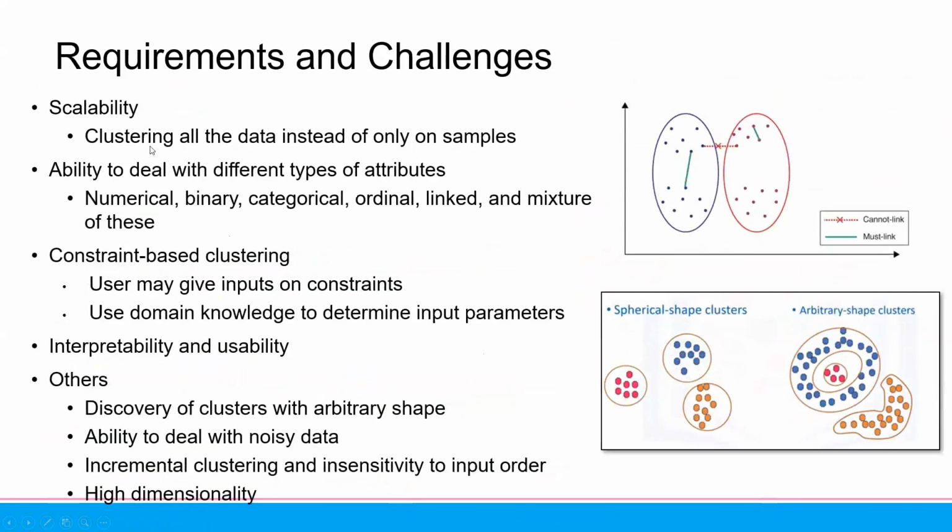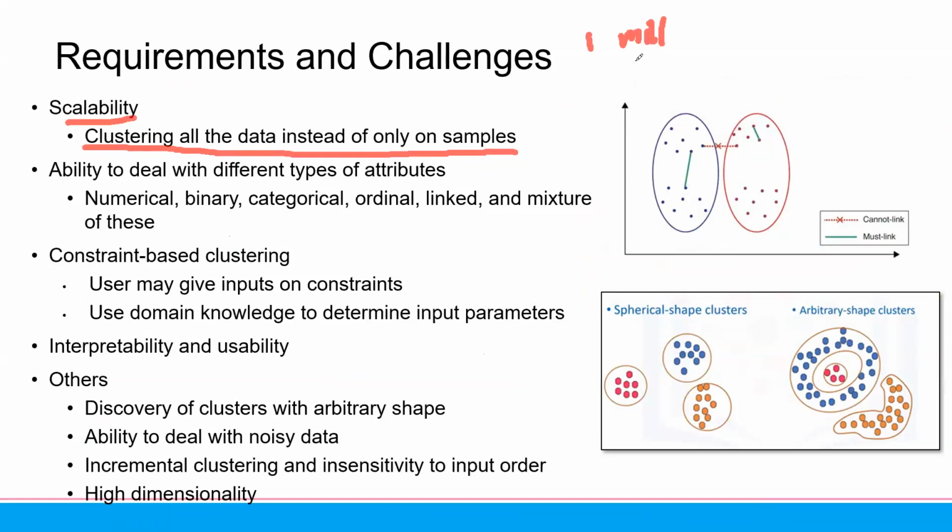And there are some requirements and challenges. Scalability: clustering all the data instead of only samples. As you learned in your assignment, if we have many data, let's say 1 million data, it will be difficult to understand all the data, and maybe the computer does not work well with big data.